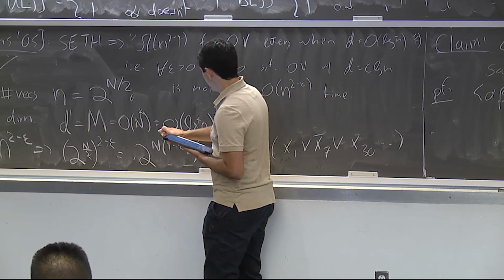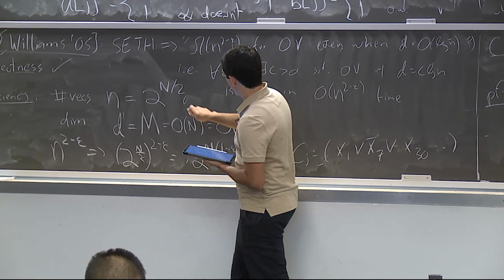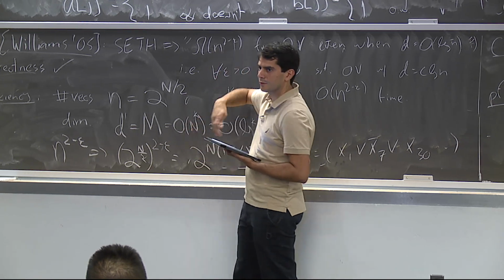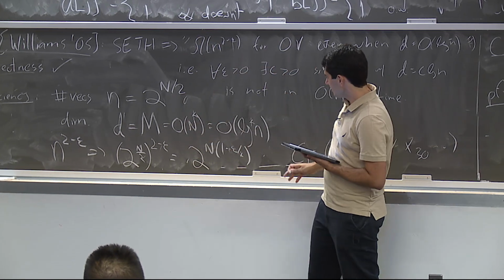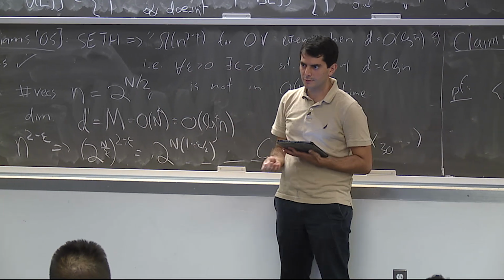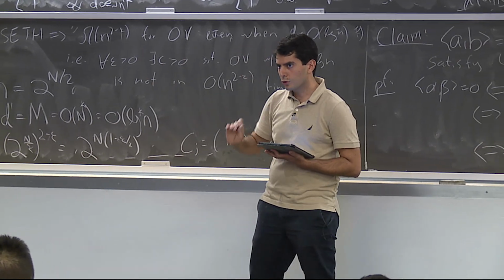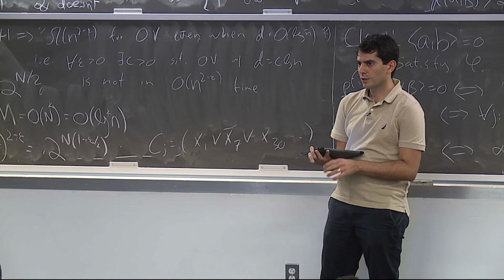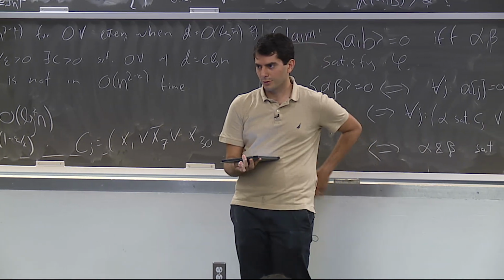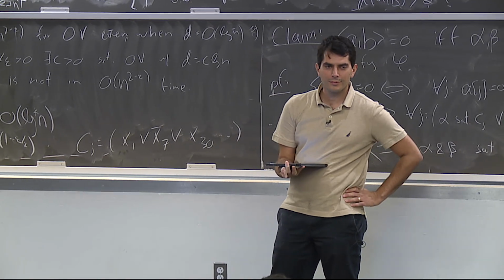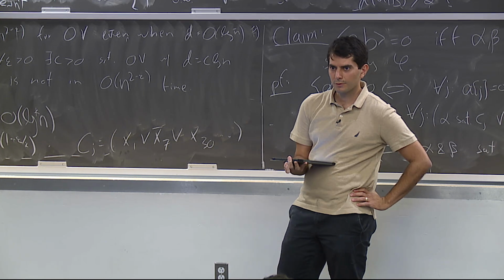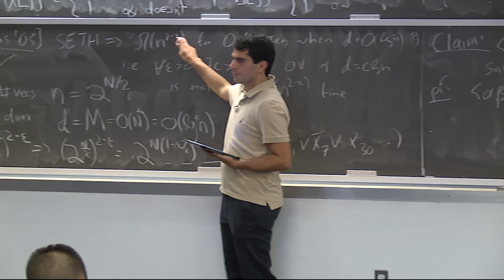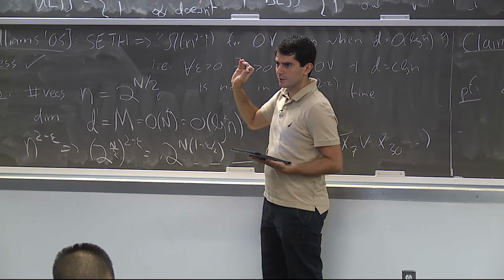So log of that is this n, so you raise that to the power of k. So it's log to the k, which is fine, it's polylog. For most of the consequences, it will not matter. There's one interesting consequence that Nick will talk about tomorrow where it will matter, actually. For most of the cases in P, the lower bound we're saying is n to the 2 minus epsilon, so if you have some polylogs, it's not a big deal.